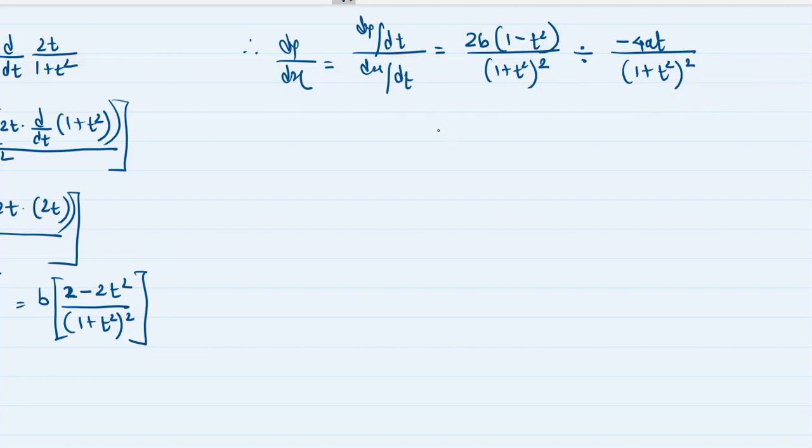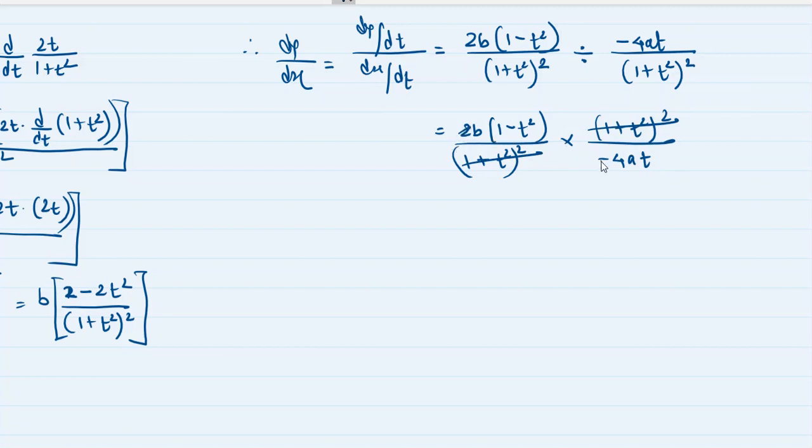So we get 2 bracket 1 minus t square the whole upon 1 plus t square the whole square multiplied by 1 plus t square the whole square upon minus 4at. This 2 will get cut with minus 4, you get minus 2 over here.